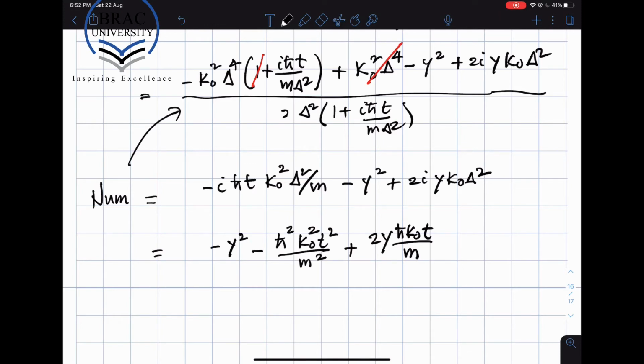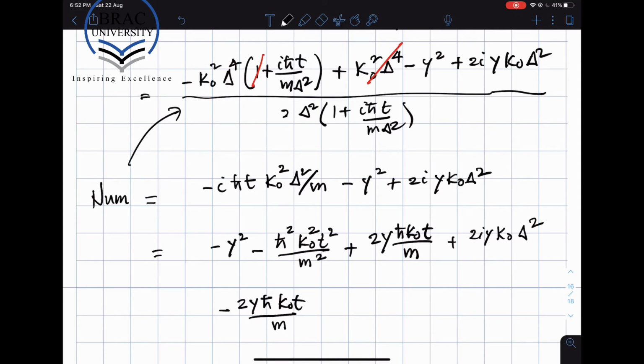So first we write this guy. So this is going to be plus 2iy k naught delta squared. And then we added this term, so we're now going to subtract this term. If you subtract this term, we get minus 2y h bar k naught t by m.